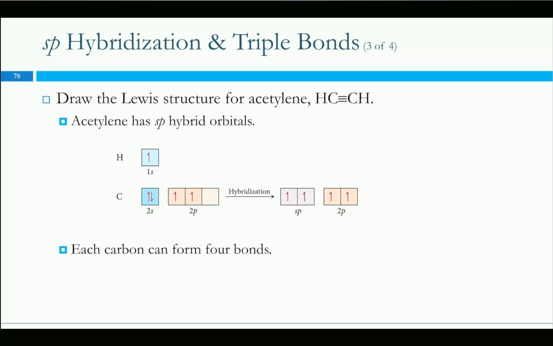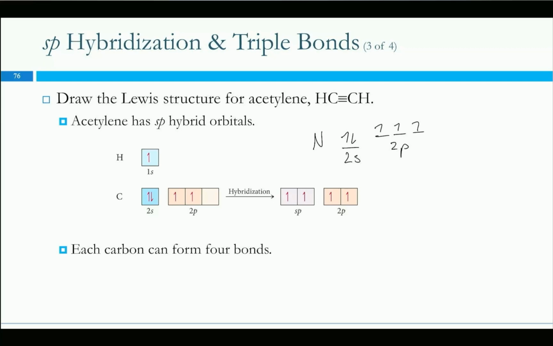Actually, if I do this with oxygen, or nitrogen. So nitrogen would be the 2s, and then we have 2p, so this would be 1, 2, 3, 4, and 5.